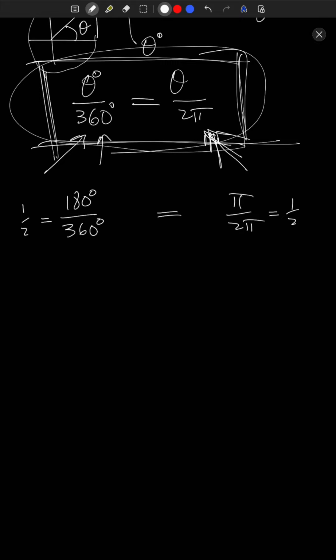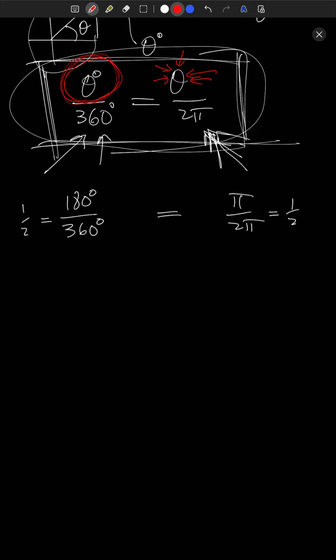Because if I want to convert from, let's say, degrees to radians, let's say I have an angle of 45 degrees, then this term right here would be 45 degrees, and then I can solve for the theta radians right there, okay? Or alternatively, if I had an angle of pi over 8 radians, then I would stick in a pi over 8 right there, and then I could solve for the degrees, okay?